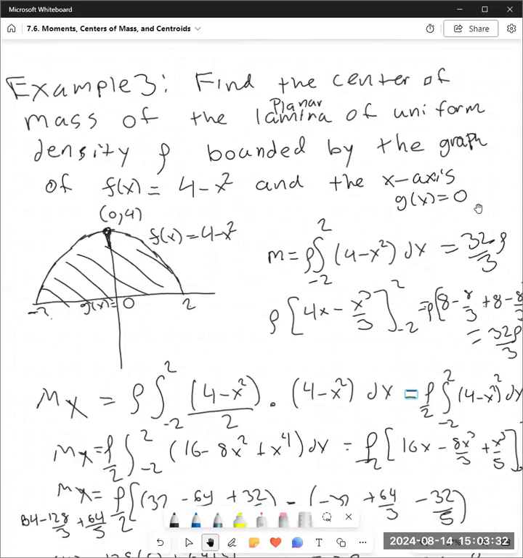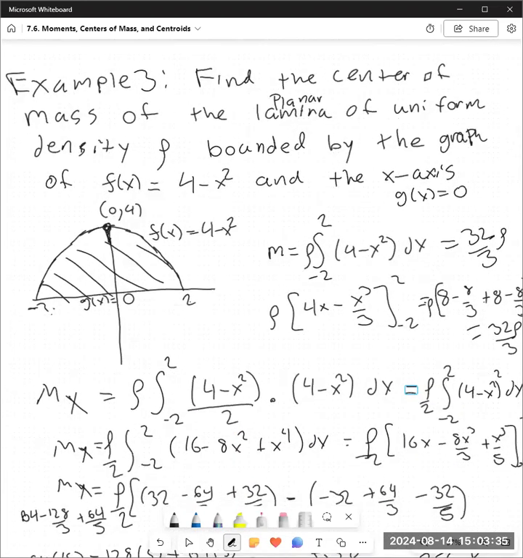And I've drawn a little picture of that: this is -2, 0, and this is 2, 0 over here. And this is 0, 4 up here at that vertex. And the shaded area there represents the region in which I'm interested in finding the center of mass.